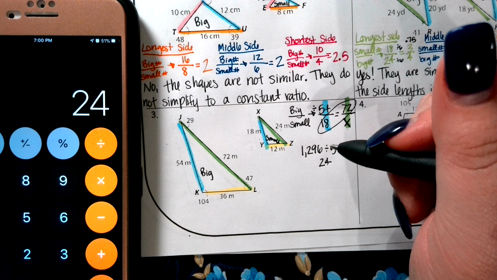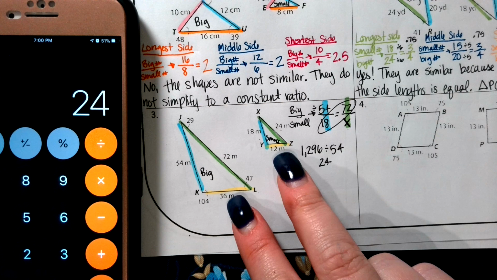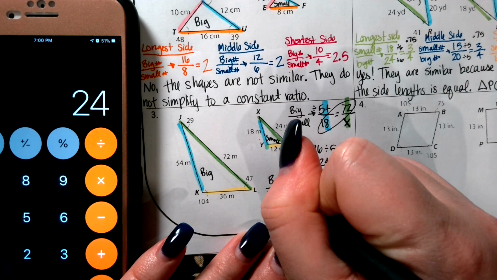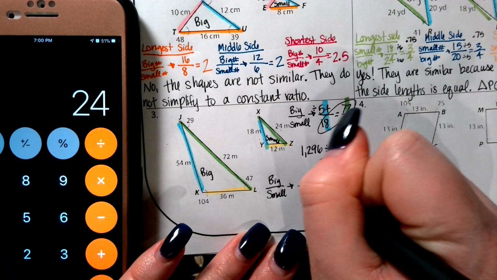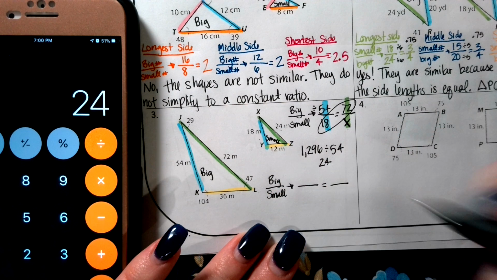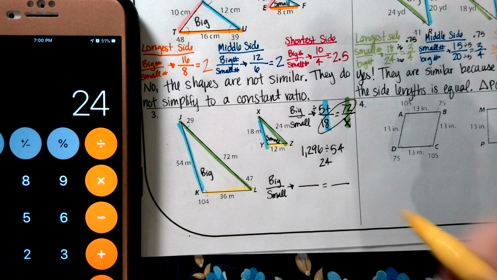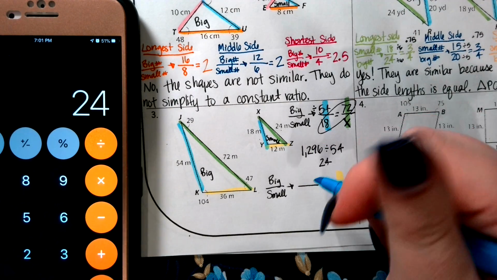So I have to set up one more proportion. I'm going to do my big over my small still. And like I said, this time we have to use yellows. So let's keep the blue like it was last time. Now we're just checking for yellows.